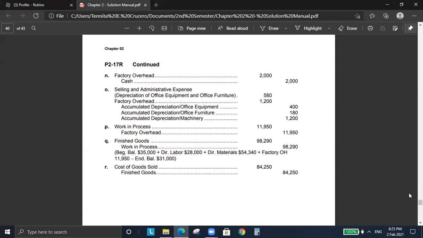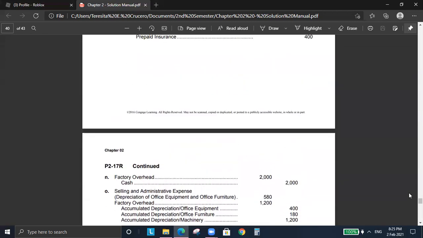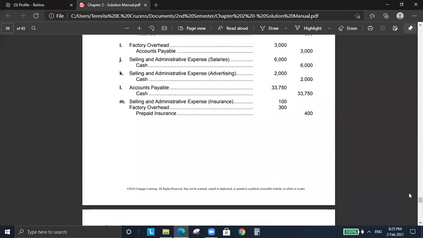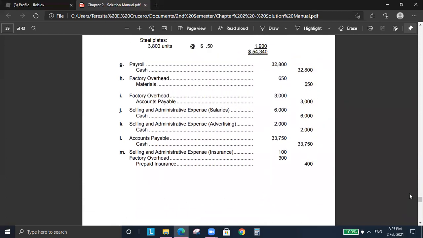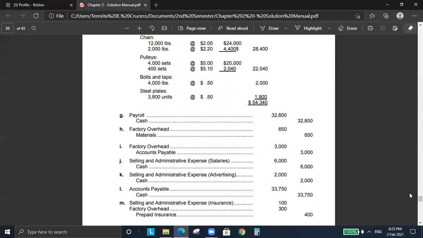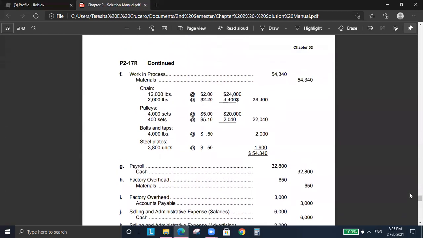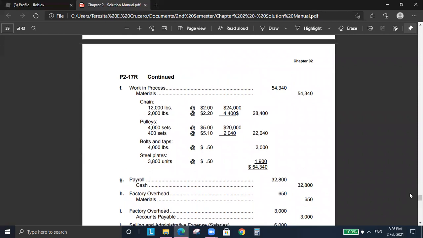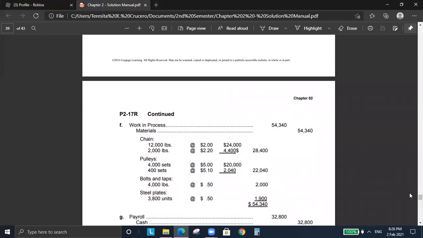So we now go back to the T accounts and post the entries to the T accounts, having our entries after the beginning balances.